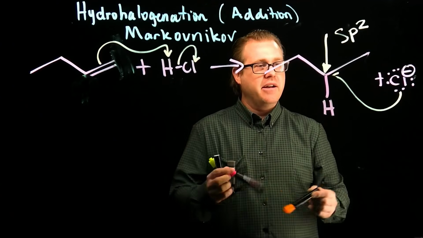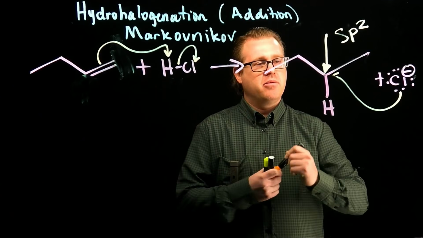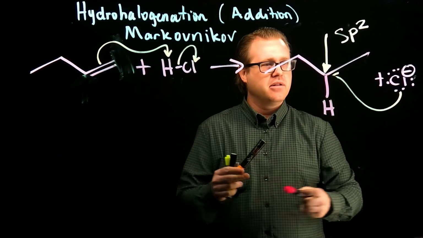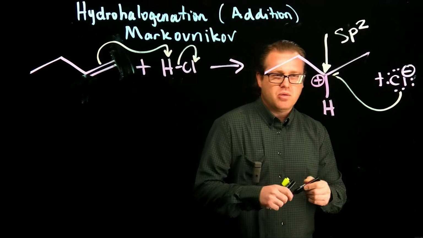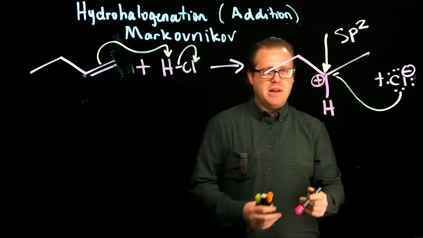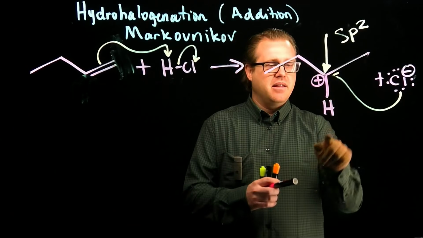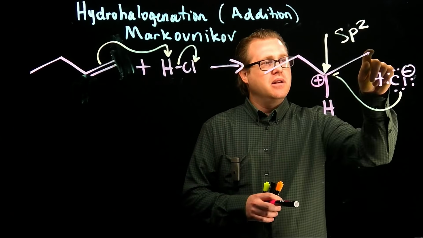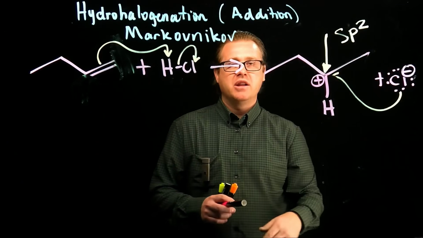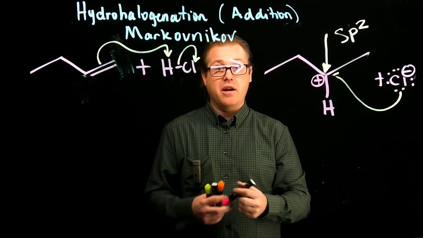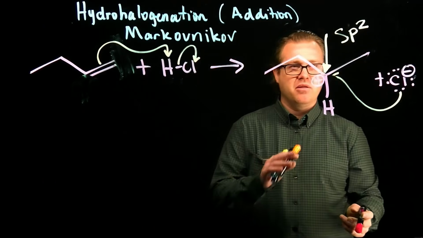So I'm going to draw in the hydrogen there and put back the positive charge here, just so you can see what's going on here. So what I'm going to do is I'm now going to represent this hydrogen, this methyl group, and this ethyl group right here just as variables. I'm not going to actually draw the molecule.